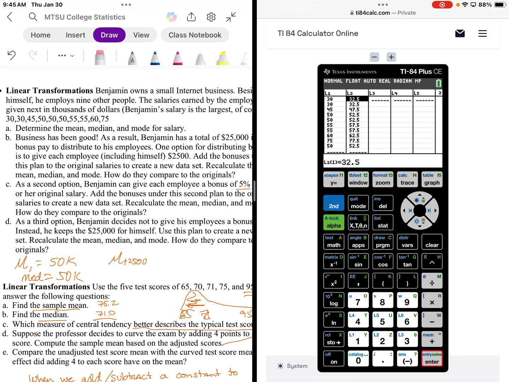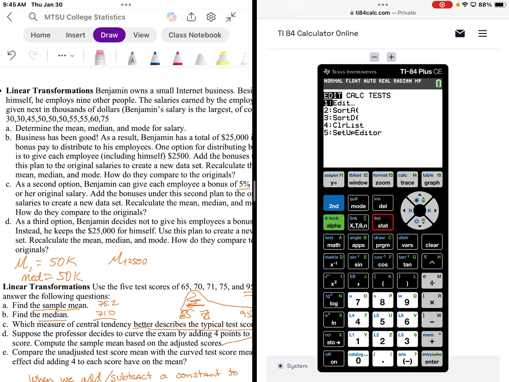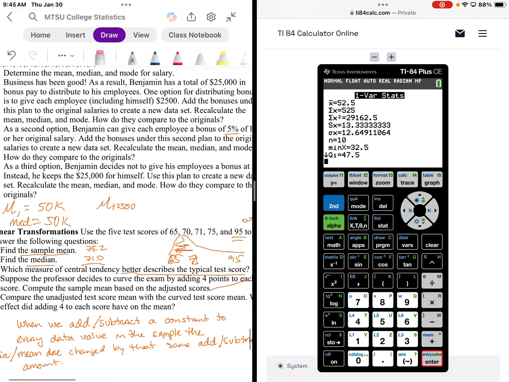Now I hit enter, and then I do a one var stat on that column, changing it back to L2. I noticed that the new mean was 52.5. It added 2.5, or 2,500, and the new median, scrolling down, was 52.5 again.